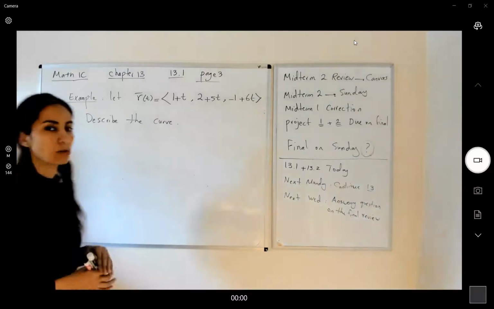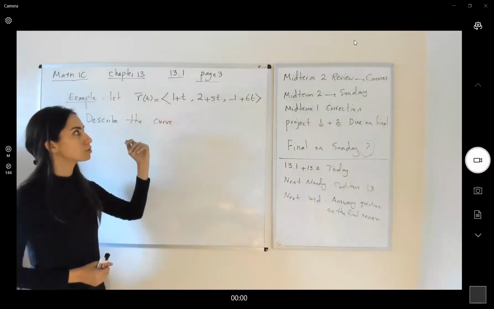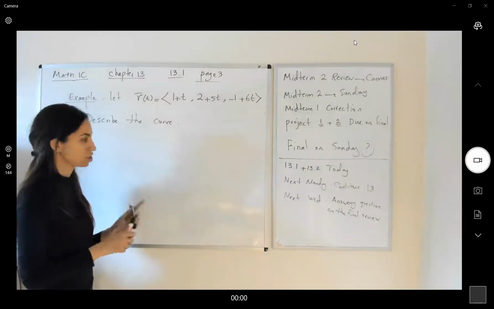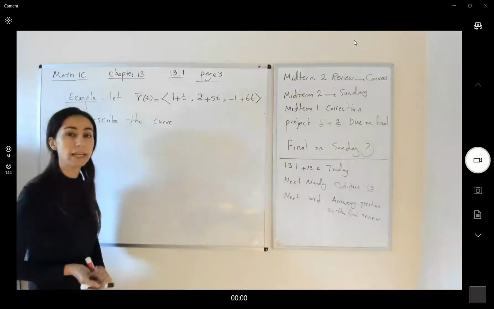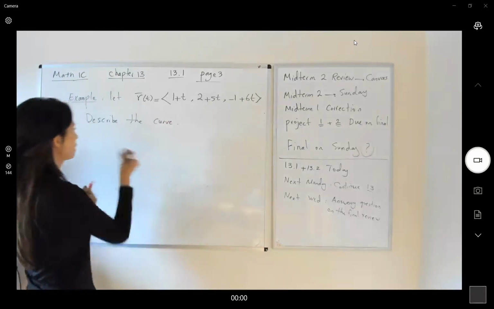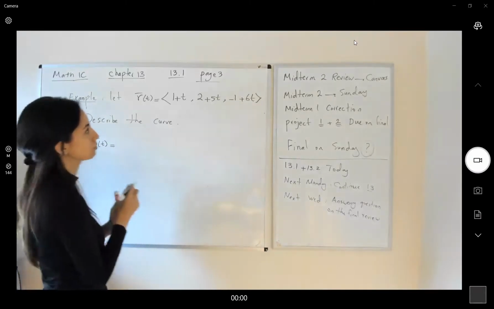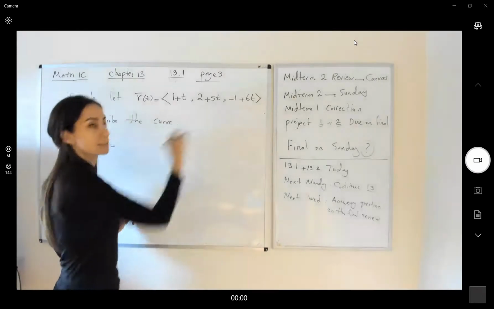Okay, so we already visualized this graph, and now we want to see the algebra behind it. Let's get back to the previous chapter. In the previous chapter, we talked about lines and planes. Here you have r(t) equals, so you have constant 1, constant 2, constant negative 1.